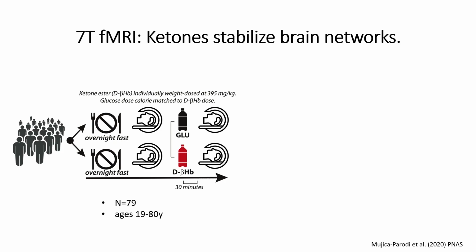Well, the conclusions would be on a population level, but as you can see, the design is actually a within-subject design, so we did all 4 scans on the same individual, and all the statistics are done in a within-subject fashion, so it's individualized in that case.